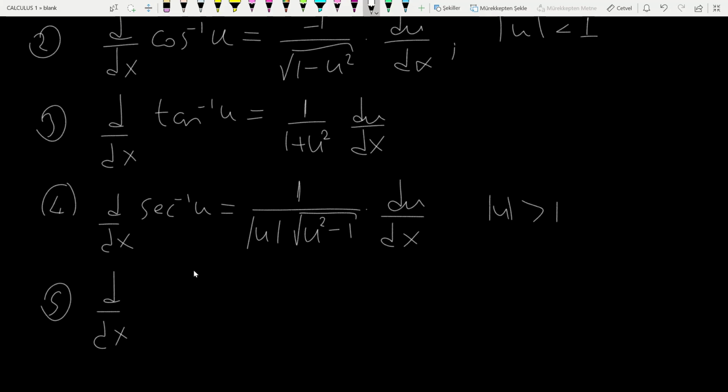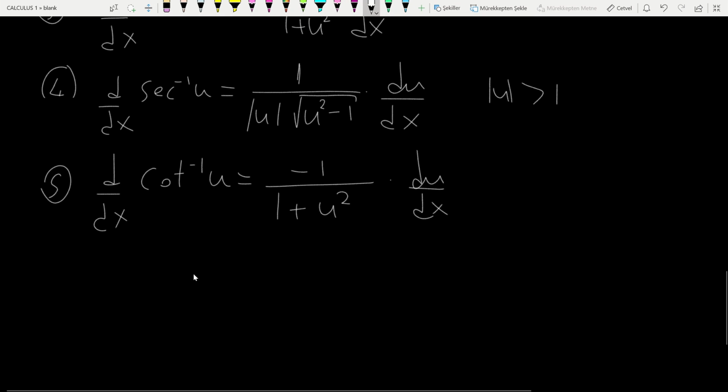the derivative of arccotangent u. U is again a function of x. The result is minus 1 over 1 plus u square times the derivative of u with respect to x.